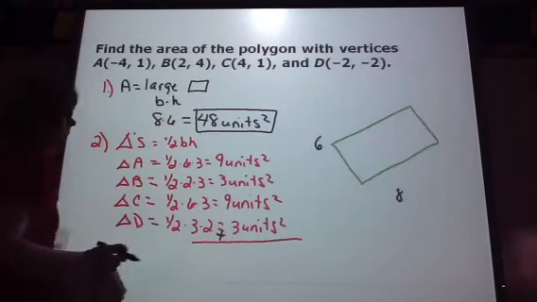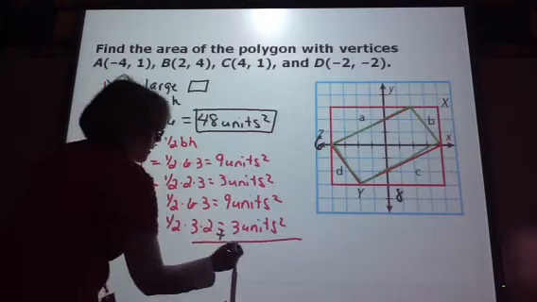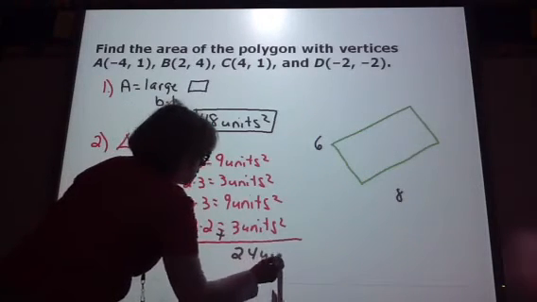We want to add all these up. And when we take 9 plus 3 plus 9 plus 3, we get 24 square units.